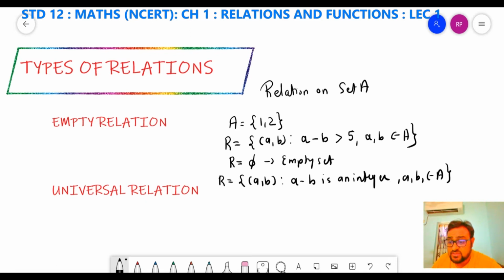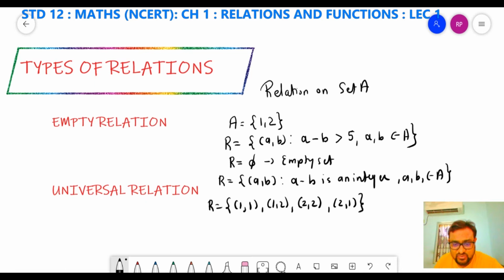So now see, I can take the value of a as 1 and 2, and the value of b as 1 and 2, and we know that when two integers are subtracted, the answer will always be an integer. So what will this be? (1, 1): 1 minus 1 is 0, integer. (1, 2): 1 minus 2 is minus 1, integer. (2, 2): 2 minus 2 is 0, integer. (2, 1): 2 minus 1 is 1, that is an integer, right?